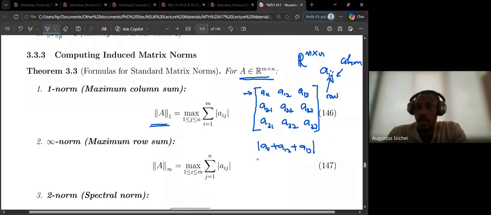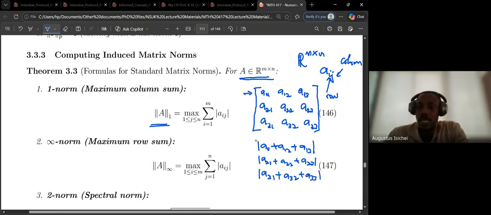Okay, then you have the sum of A21 plus A22 plus A23. Take the absolute value of the sum. Then the magnitude of A31 plus A32 plus A33.